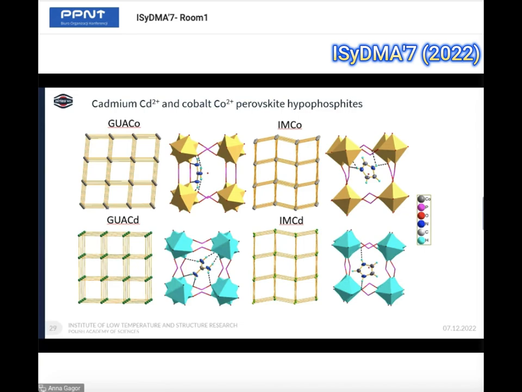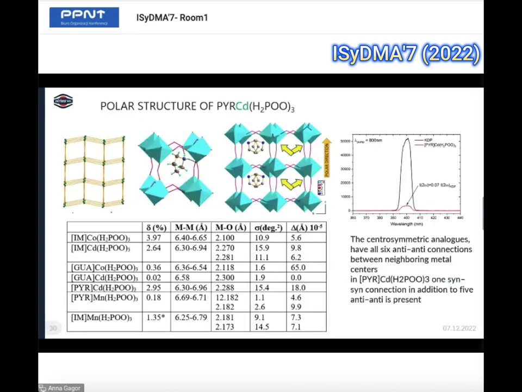One of them was polar with small polarization, quite a small response of the second harmonic generation, but we were not able to tell from the structural parameters why this one prefers crystallization in the polar state.